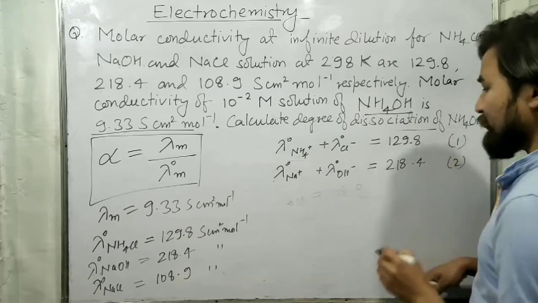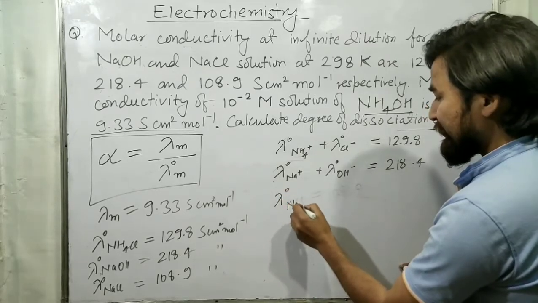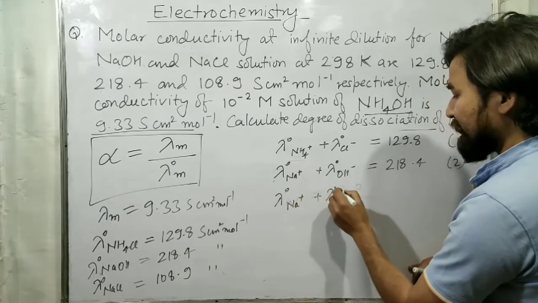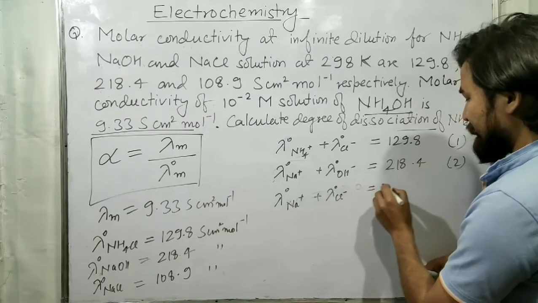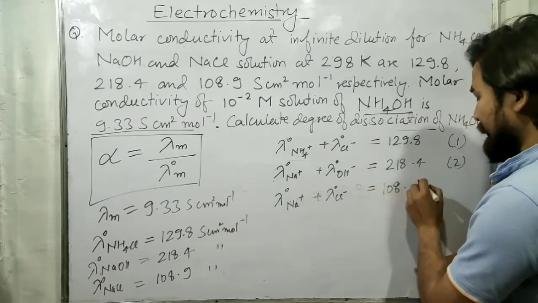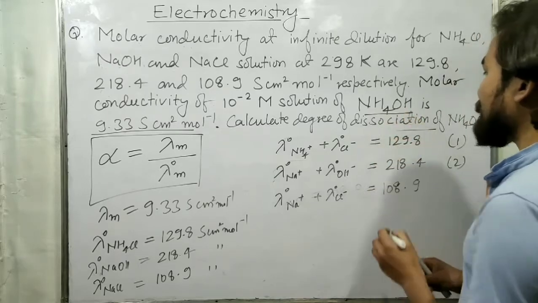This is your equation 2. And lambda naught Na plus lambda naught Cl minus, that is equal to 108.9. So we need lambda naught for NH4OH.